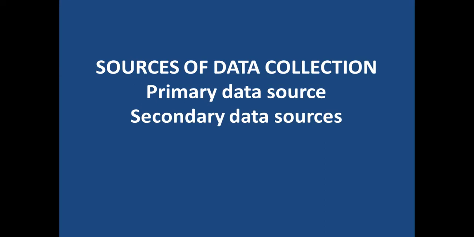A unit may be an individual, a firm, an organization, or a village. So they directly go there and collect information. We all try to collect information in the form of quantitative information, but primary data we can collect in qualitative form also, like when we conduct some interviews.